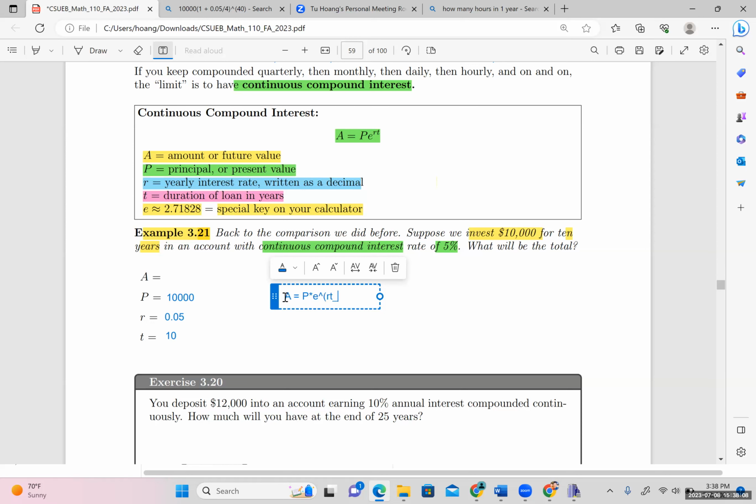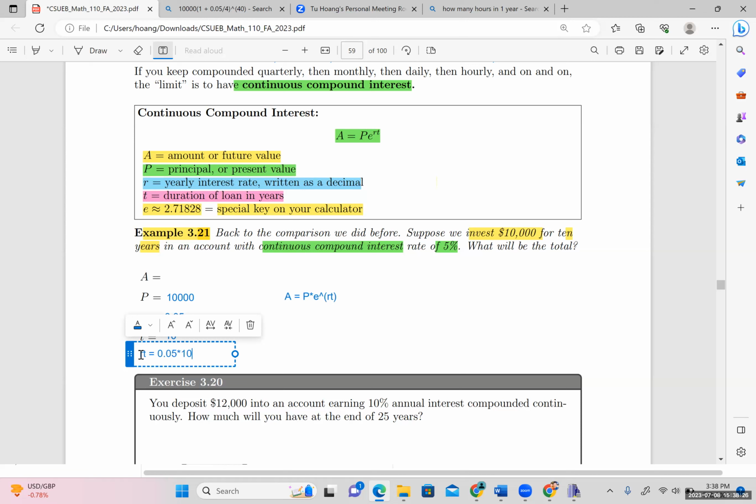You may multiply R times T first to get the power of E. RT is 0.05 times 10, which is 0.5. Sometimes if you don't have RT as a nice number, you have to use the calculator with parentheses around R and T.